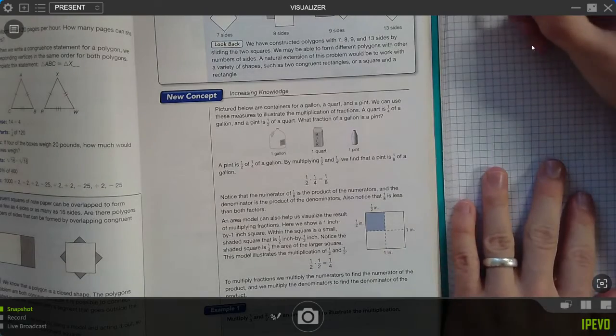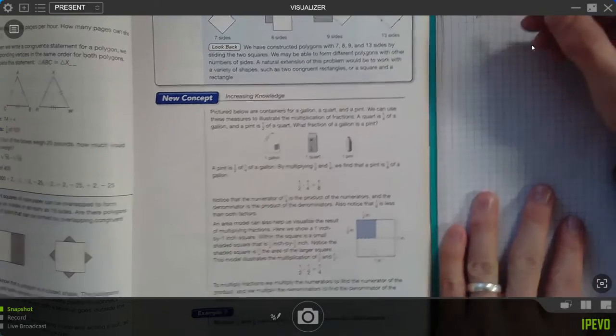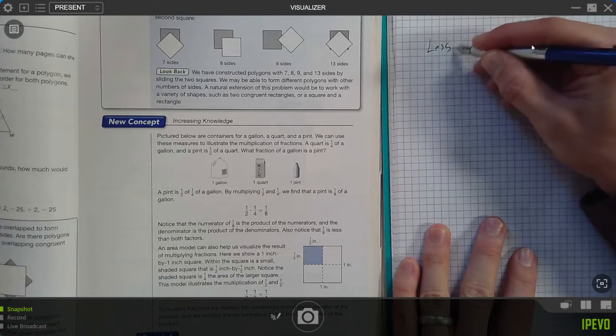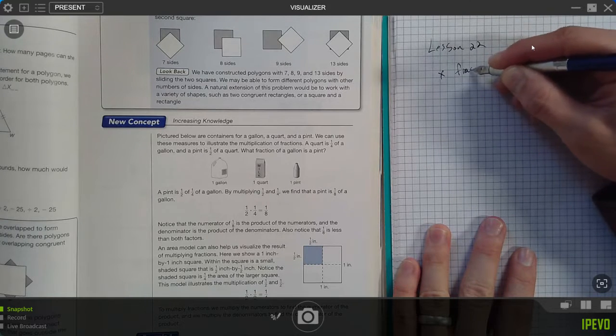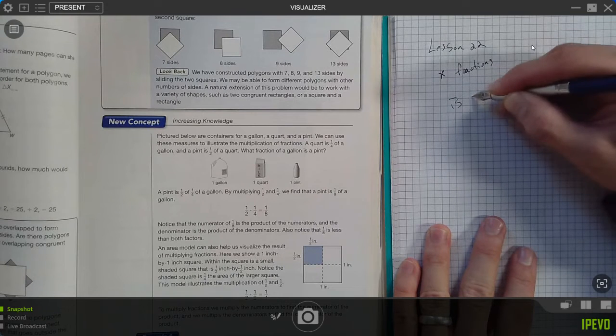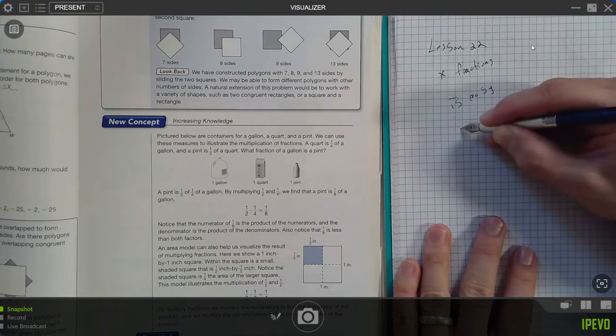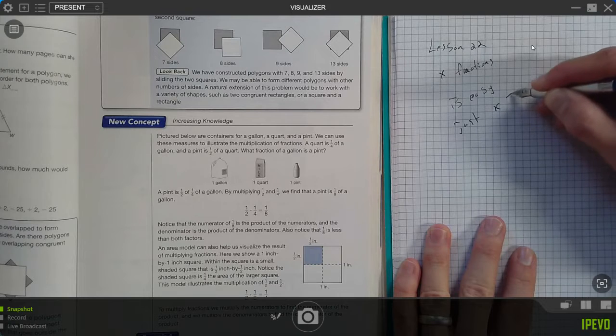So multiplying fractions. Lesson 22. Multiplying fractions is easy. Just multiply across.